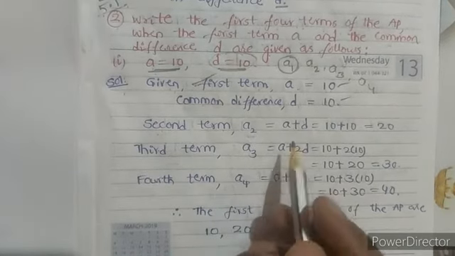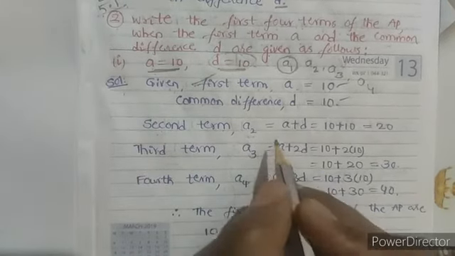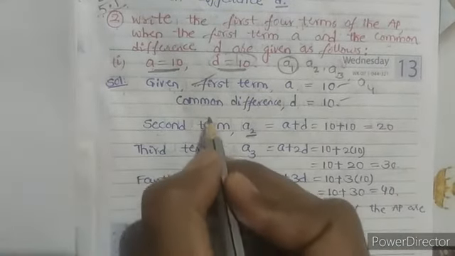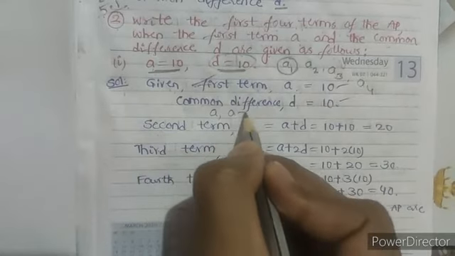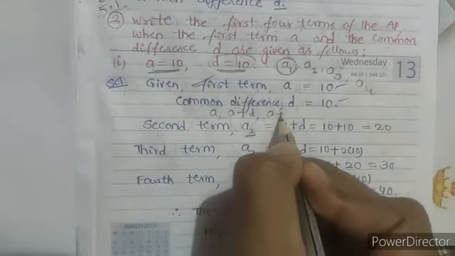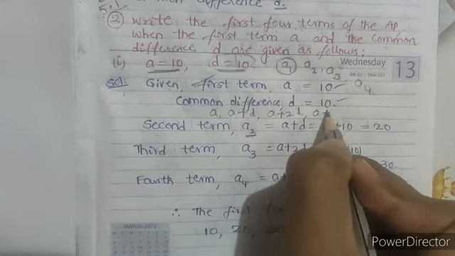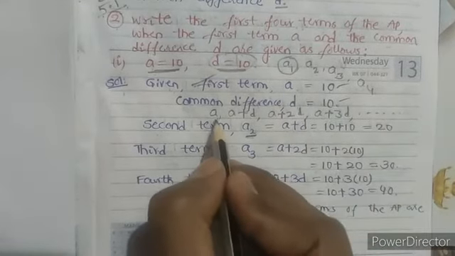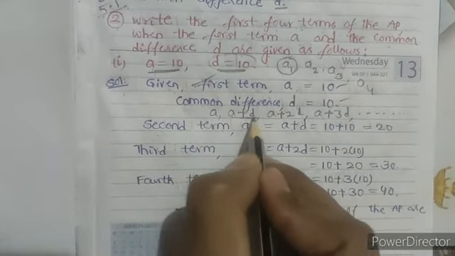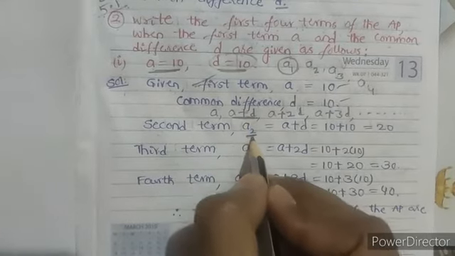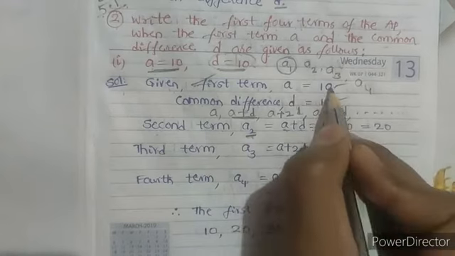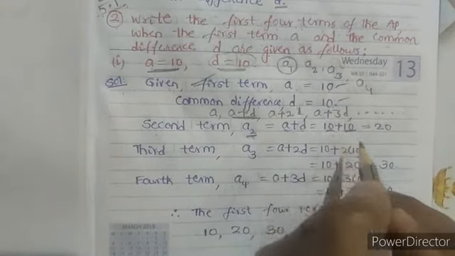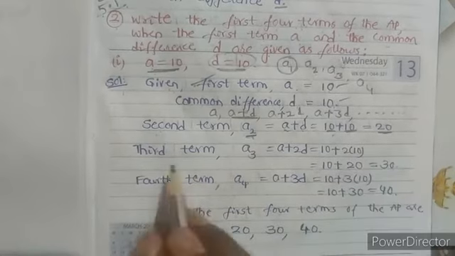As per the general form of arithmetic progression, what is the general form? a, a plus d, a plus 2d, a plus 3d and so on. So from this, second term a2 is a plus d. a value is 10, d value is 10. 10 plus 10, that is 20.